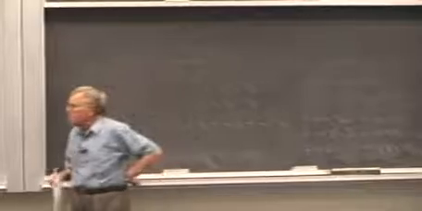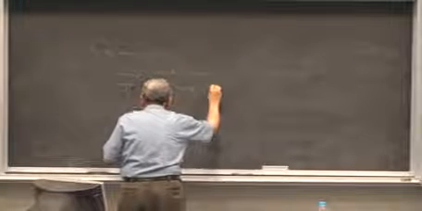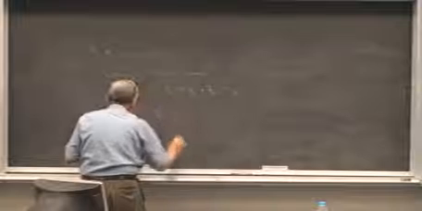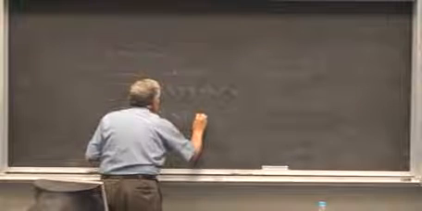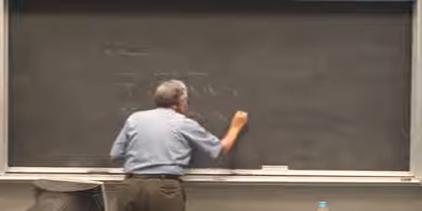So we have here one half of (psi A bar gamma mu psi B plus psi B bar gamma mu psi A). And the other one, J_5^mu, is minus i by 2 times (psi A bar gamma mu psi B minus psi B bar gamma mu psi A).